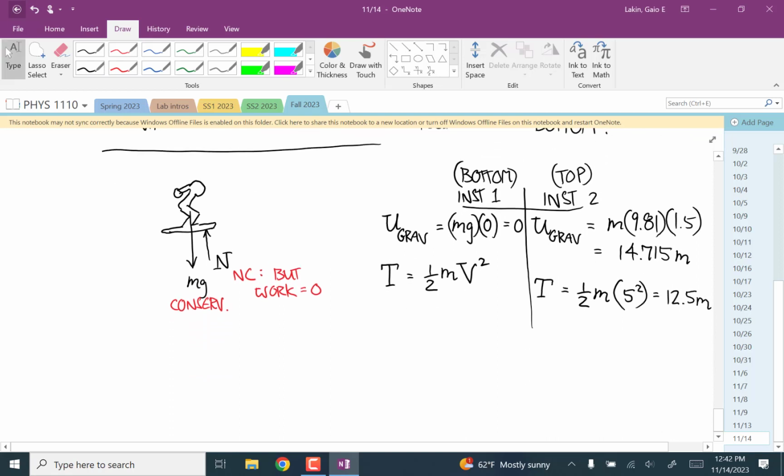And now we can add up all the stuff on the left and set it equal to the sum of all the stuff on the right. So we have 0 plus 1/2 mv squared is equal to 14.715 m plus 12.5 m.